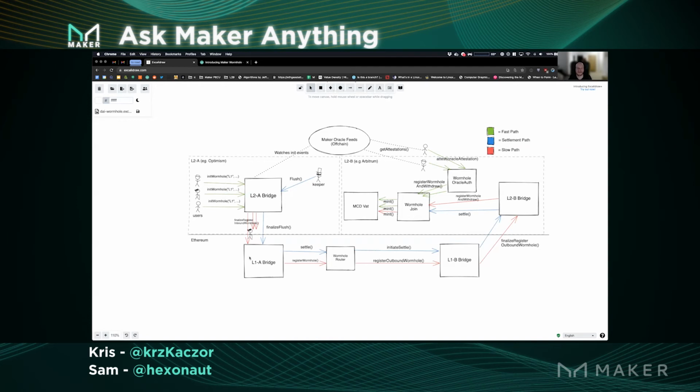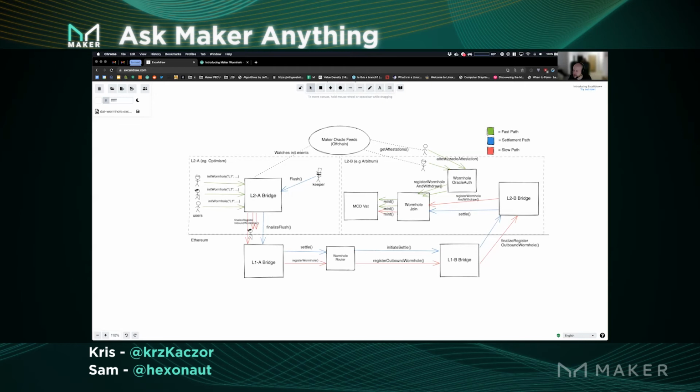So this way, this bridge never runs out of DAI. It's not possible for this bridge to run out of DAI. So DAI is always fully fungible. You can take DAI from Optimism and move it to Arbitrum or to ZK Sync in the future and so on. So yes, this is a solution to that problem.